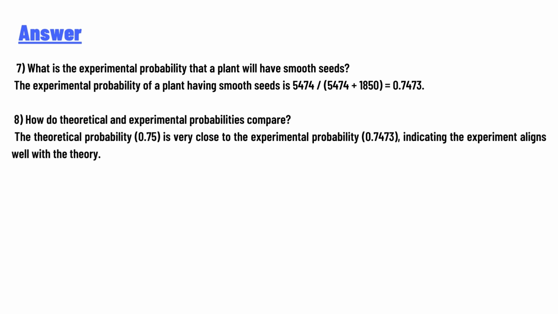The experimental probability of a plant having smooth seed is 5474 over 5474 plus 1850, which is equal to 0.7473. How do the theoretical and experimental probabilities compare? The theoretical probability 0.75 is very close to the experimental probability 0.7473, indicating the experiment aligns well with the theory.